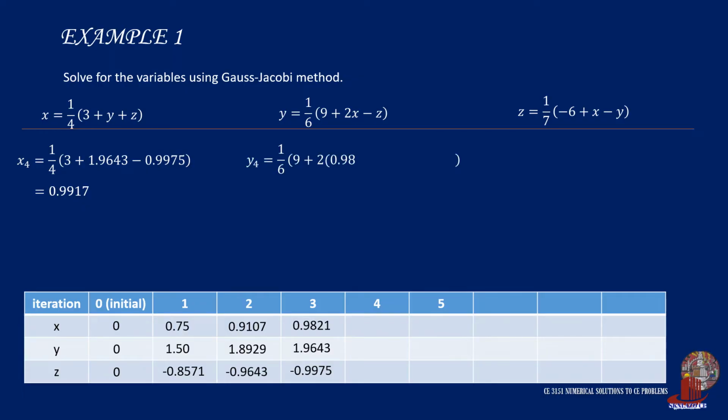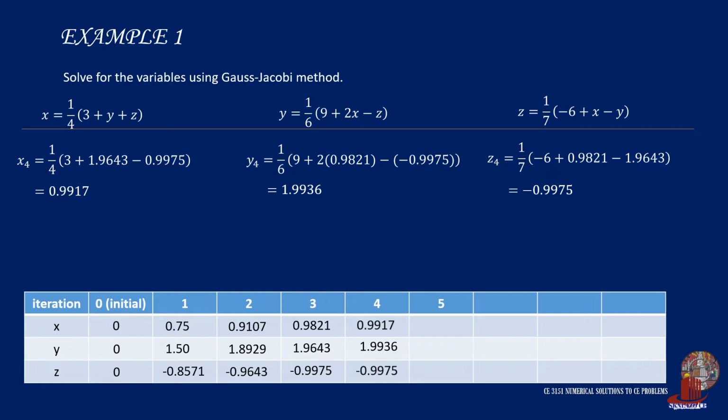Y sub 4 is also taken as 1/6 of 9 plus twice of 0.9821 minus negative 0.9975, which is simplified as 1.9936. Then z sub 4 is 1/7 of negative 6 plus 0.9821 minus 1.9643, or negative 0.9975.